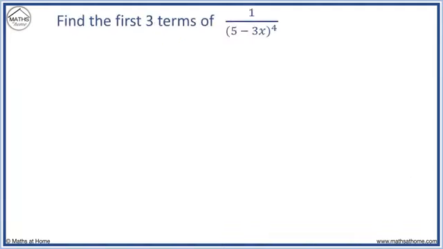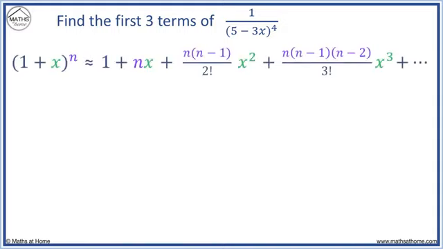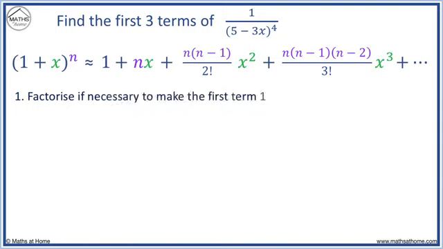In this next example, we will find the first three terms of 1 over (5 minus 3x) to the power of 4. We will refer to our expansion formula. Step 1. We first write our fraction as a power. Because 5 minus 3x is on the denominator, we can write this as (5 minus 3x) to the power of -4.